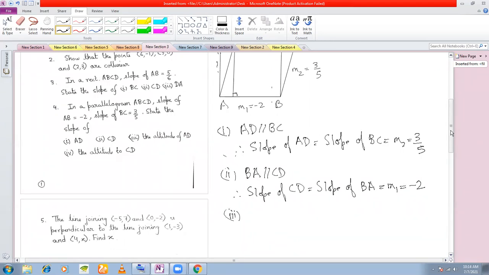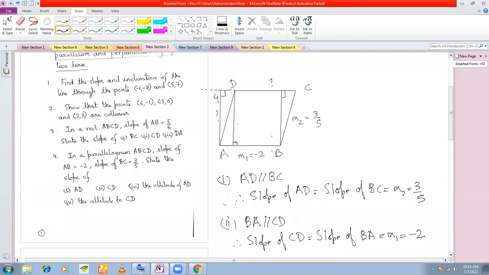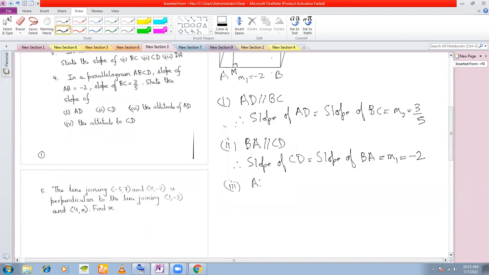Next is altitude to AD. So you need to find out the slope of this. Now see that if I call this as M, AM is perpendicular to AB. So therefore, what is the slope of the altitude to AD? Let us call it slope of AM.